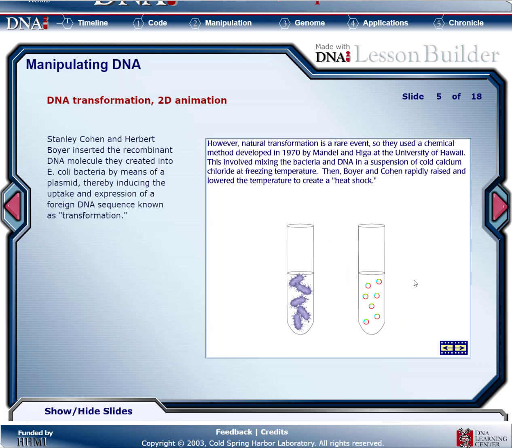However, natural transformation is a rare event, so they used a chemical method developed in 1970 by Mendel and Higa at the University of Hawaii. This involved mixing the bacteria and DNA in a suspension of cold calcium chloride at freezing temperature. Then, Boyer and Cohen rapidly raised and lowered the temperature to create a heat shock.